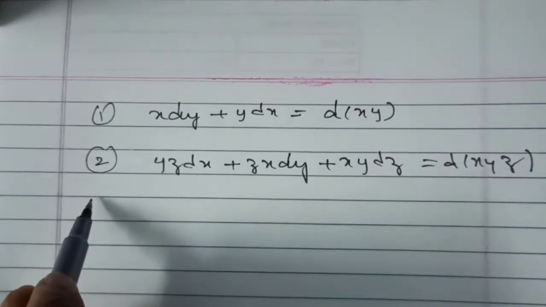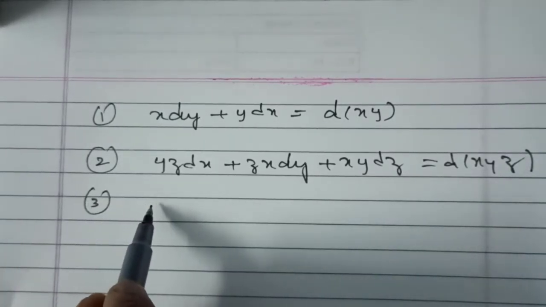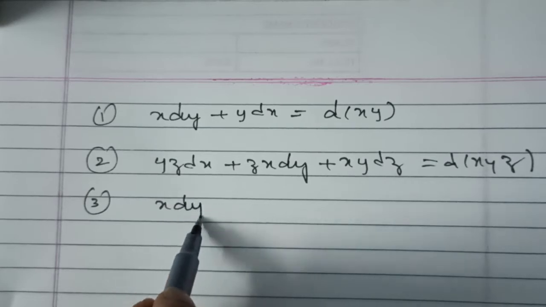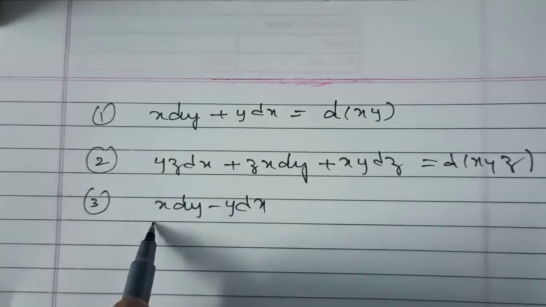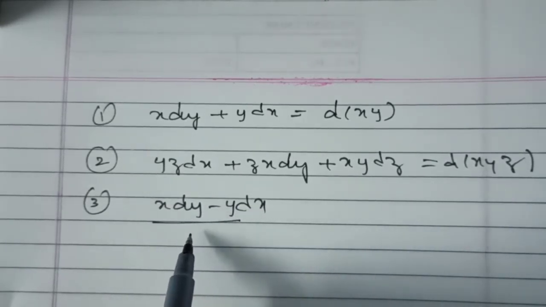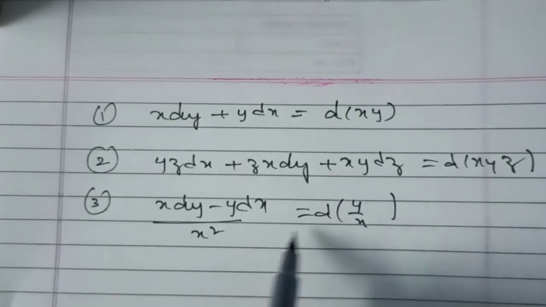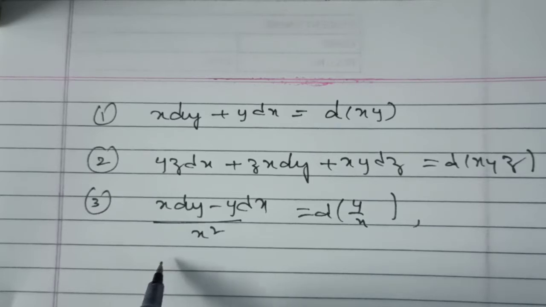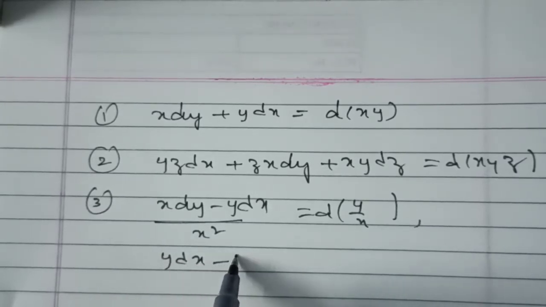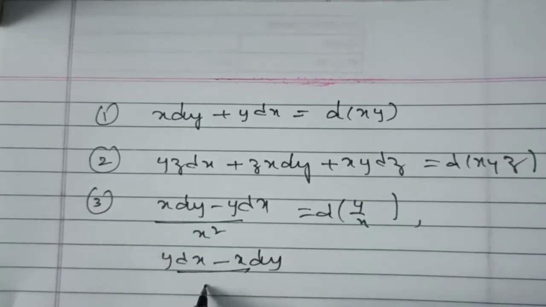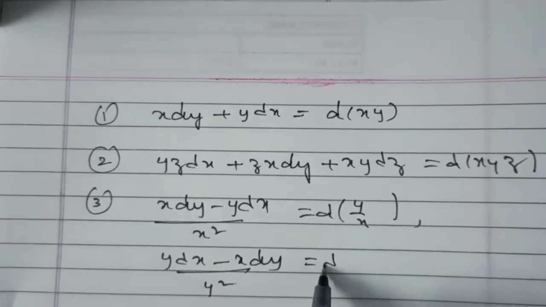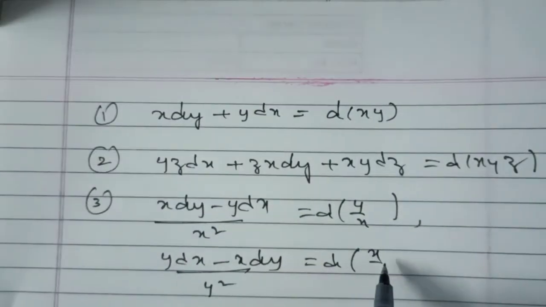Next, third one, x dy minus y dx whole divided by x square is equal to d of y by x, and y dx minus x dy divided by y square is equal to d of x by y.